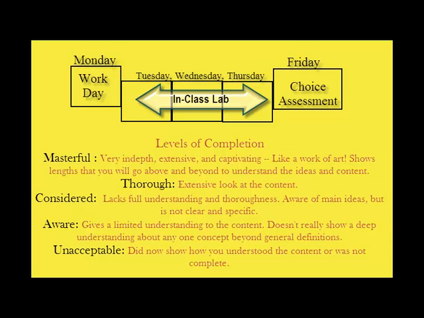Now, the benchmark that I have for every single student, no matter who you are, the benchmark that I want for you to hit is considered. So if you fall below considered, then I need for you to redo your work, reevaluate what you have done so far, and try to improve upon it, either through meeting with me or doing some more further learning on your own.